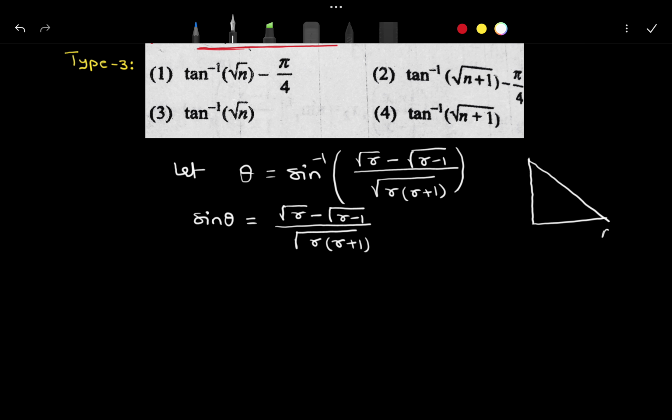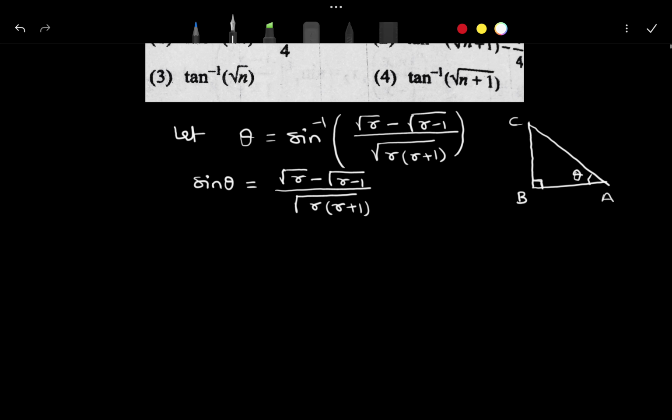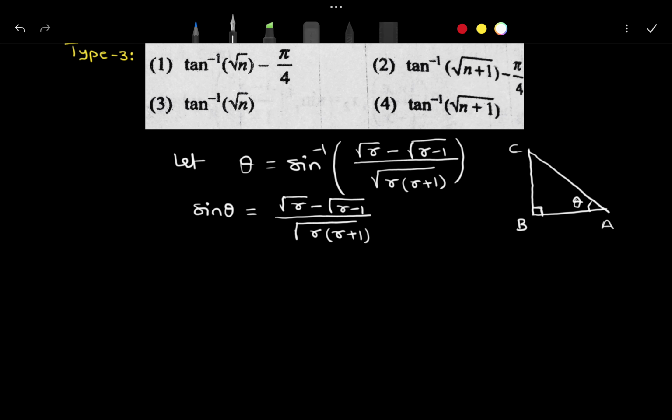Here this is A, B, C, and this angle is theta. Now, sine theta is the ratio opposite by hypotenuse. So the opposite side value will be root r minus root of r minus 1, and the hypotenuse value will be root of r into r plus 1.